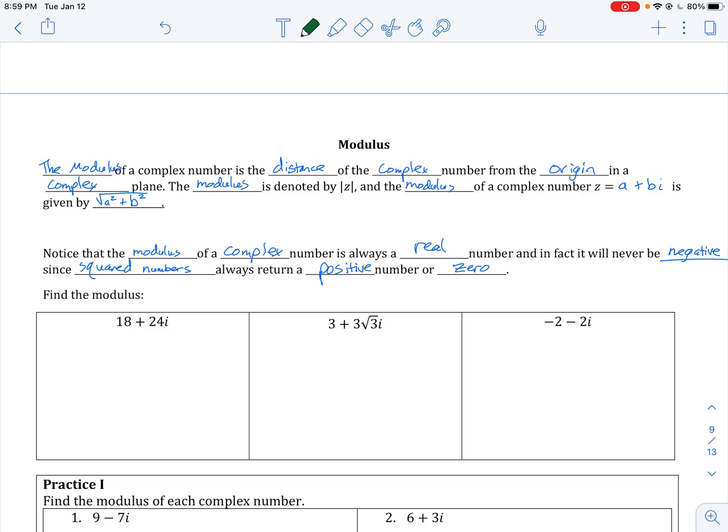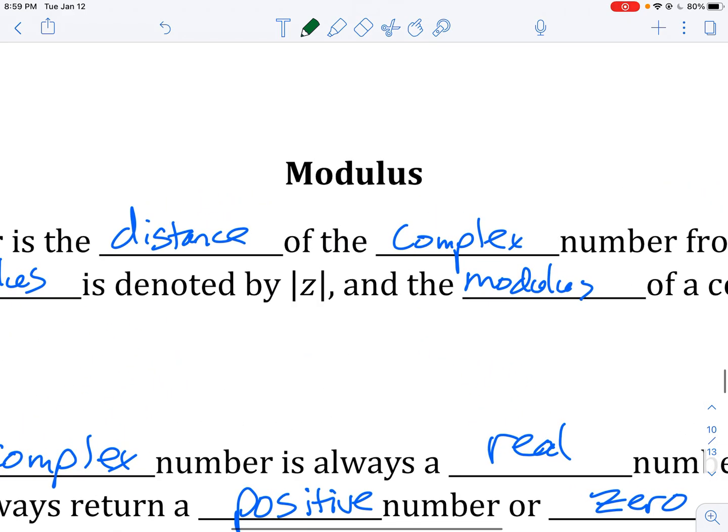One bit of notation you do need to be aware of, if you want to write it mathematically to get the modulus, you just put two vertical lines around the complex number. So you could have -3 plus 4i, and if you do this, that means get the modulus, or how far that is from the origin.